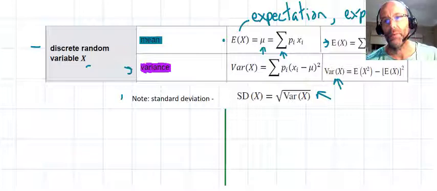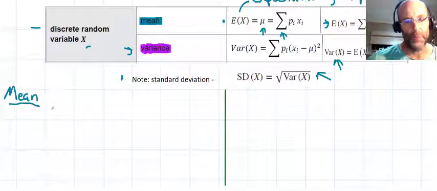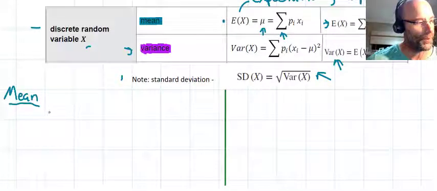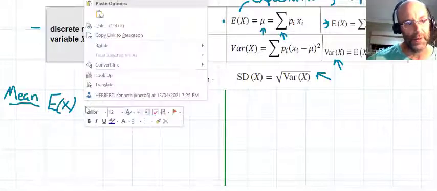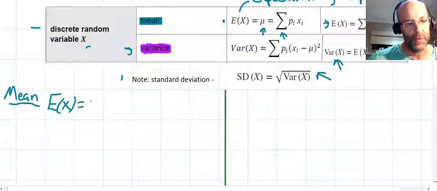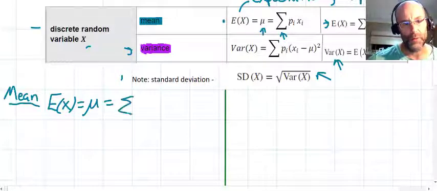Now, how does this apply specifically to a Bernoulli situation? If we look at the mean first for this type of distribution, and this is the simplest of all probability distributions, we look at the expectation of x, or expected value of x, which is mu, the mean, using one of the two formulas there, it works with both.